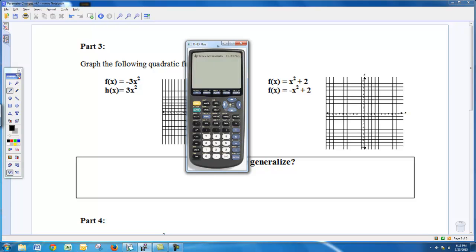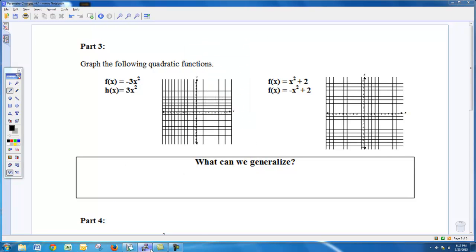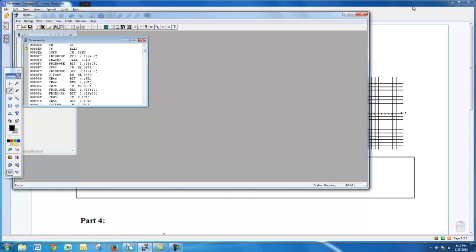It's not letting me click on it for some reason. Let me try it with my mouse instead. Seems to be stuck. Close it up and start again.